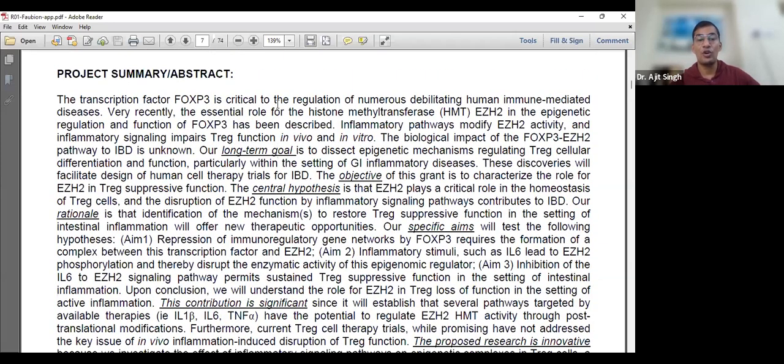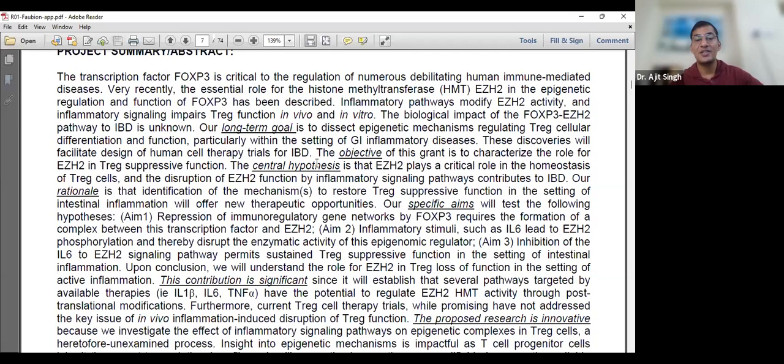In that they have organized it again: the introduction, then long-term goals, then objective of this, central hypothesis. They have highlighted the words, so the people who are reviewing it will get it easy. Okay, so this is an unstructured abstract, an entire unstructured abstract, but the principal investigator has highlighted the terms to catch the eye, to catch the attention of the reviewer.